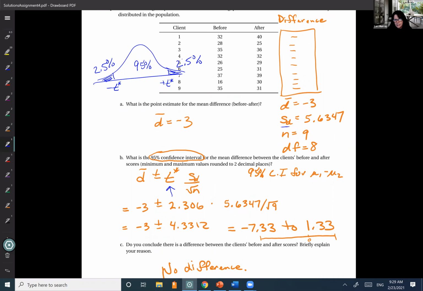So think of the difference, 1.96 versus 2.306, right? It's not as accurate. So you want to err on the side of caution and have a wider confidence interval. It's a wider confidence interval, but it is more accurate.